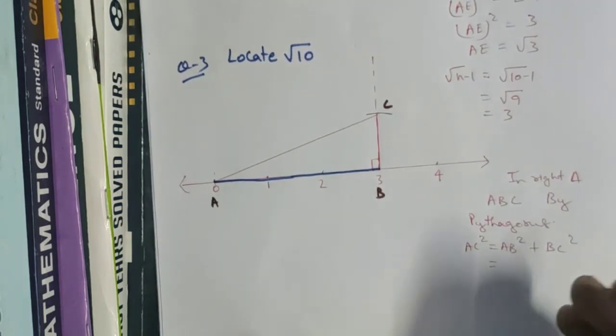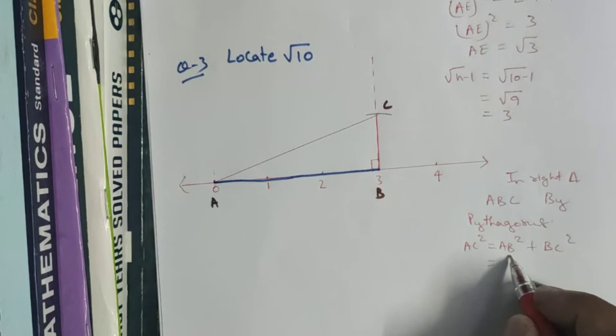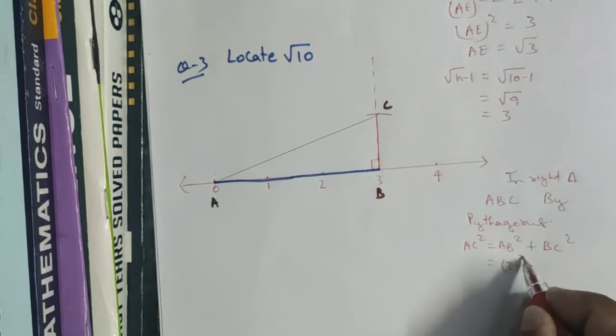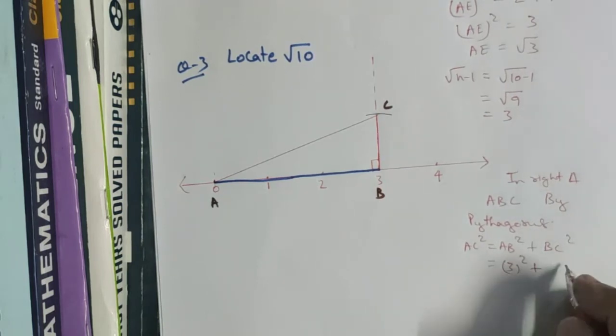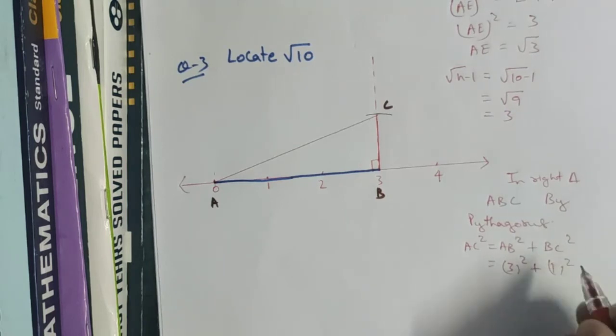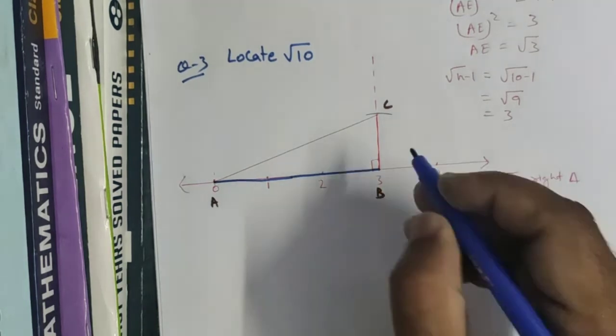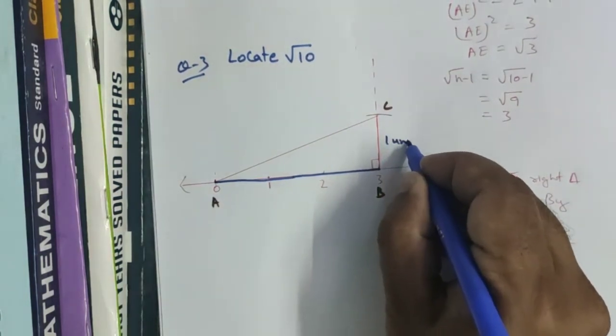So AB square, AB is what? 3 units. Square of 3 plus BC is what? 1 unit. Square of 1. This I have taken as 1 unit.